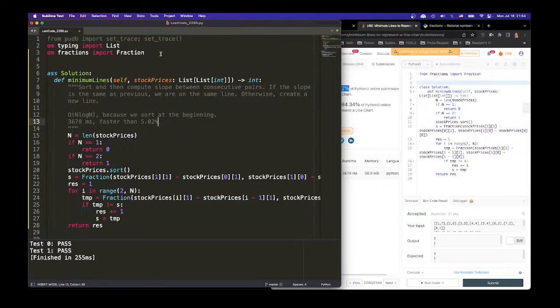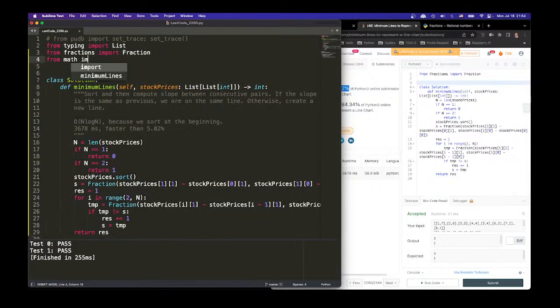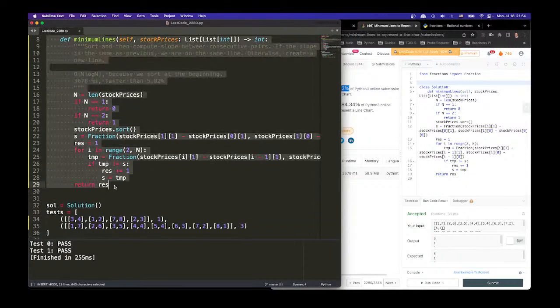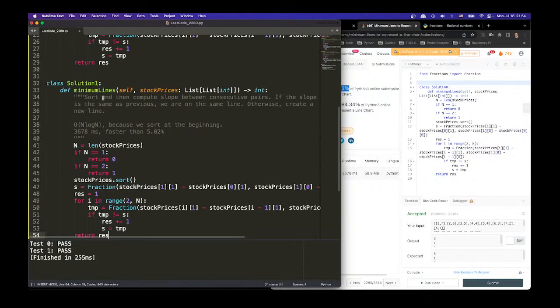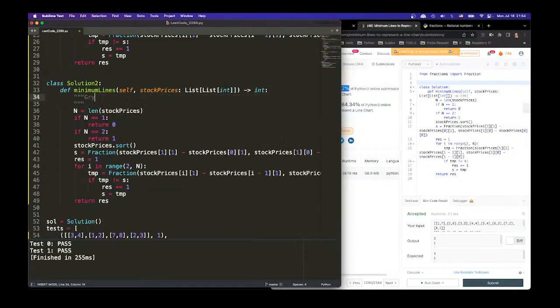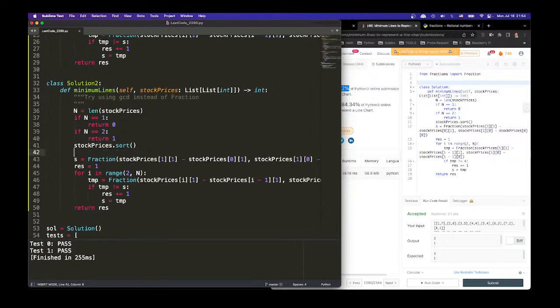I don't know. Honestly, I don't really think, math import gcd, I really don't think GCD will make this one any faster. But nah, I never know. Try GCD. Try using GCD instead of Fraction. So if g equals gcd, basically, oh man, it's dy dx.